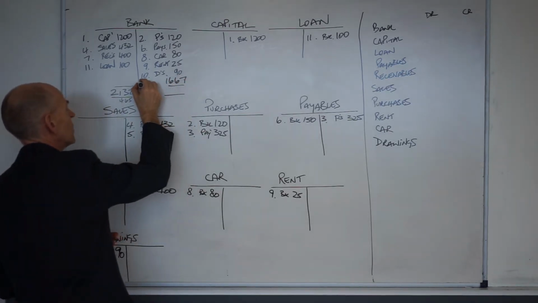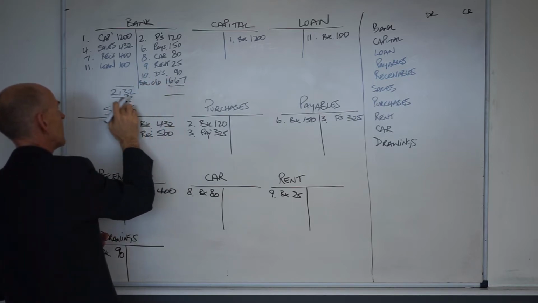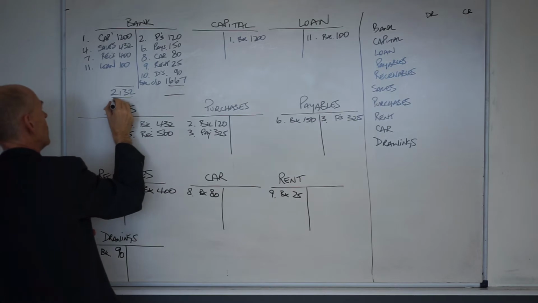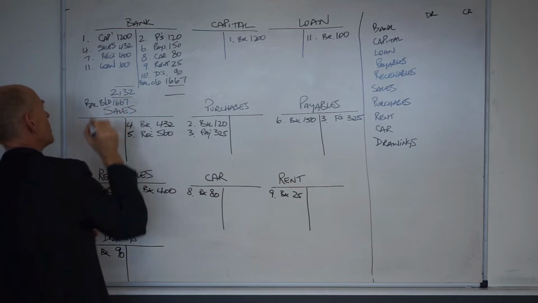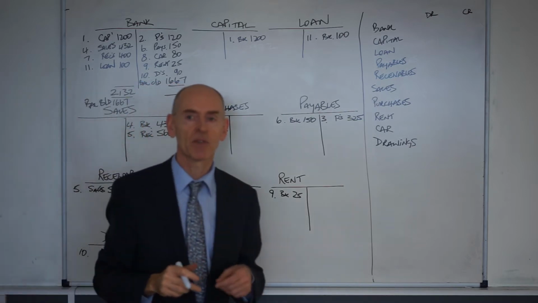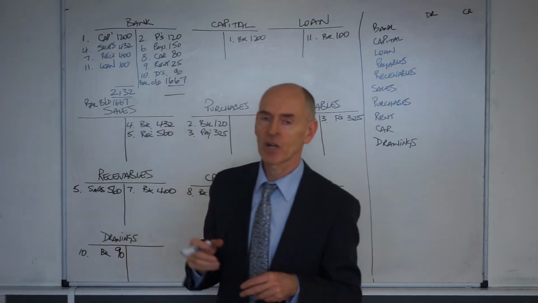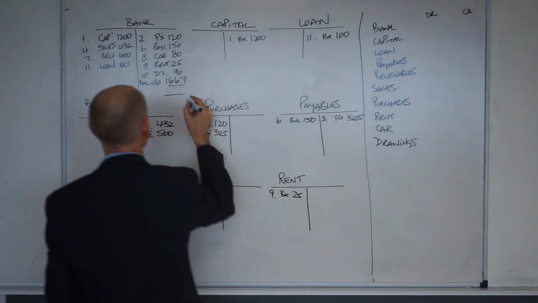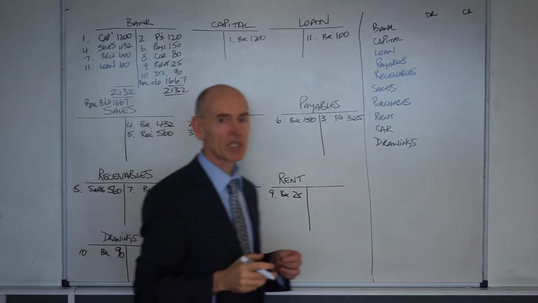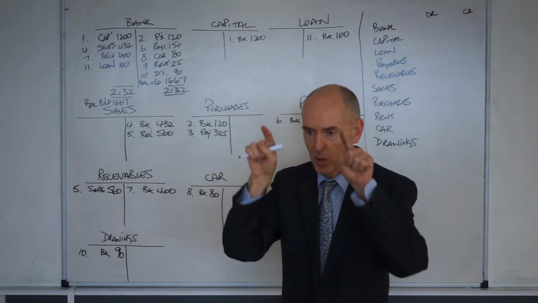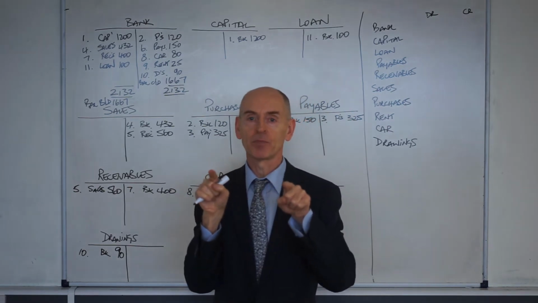1667 is called balance carried down. Get rid of that a minute. And 1667 is called balance brought down. So there is 1667 more on the debit side than the credit side of the bank account. The 2132 has no significance other than to say both sides now are the same.